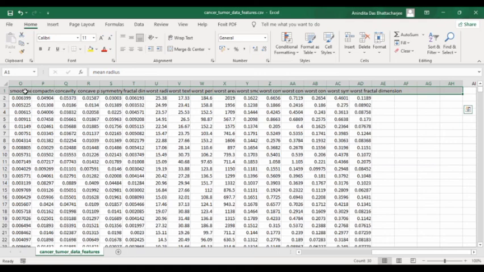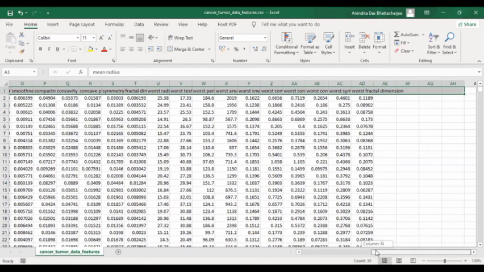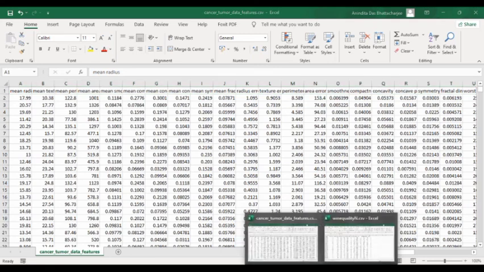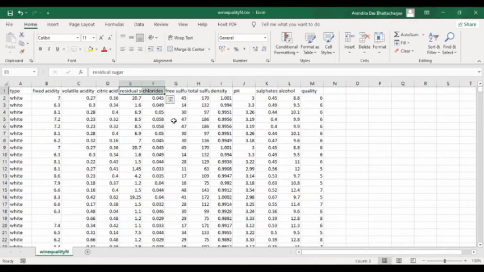Here my first question is: only by visualizing the data set, is it possible to find out the purpose of the data and the target column? Similarly, for wine quality assessment, we have a type and we have quality. You have to find out which column is used for what purpose. Can I use this data set for multiple purposes? And can I use it for classification, for regression, or for both?